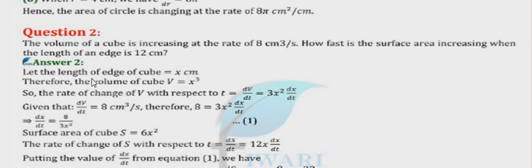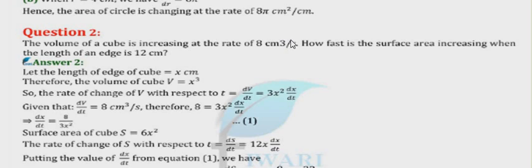Again, let x be the side of the cube, V will be the volume, that is V equals x cube. Now we have to differentiate with respect to t, because it is given that the rate of change of volume is 8 centimeter cube upon second.